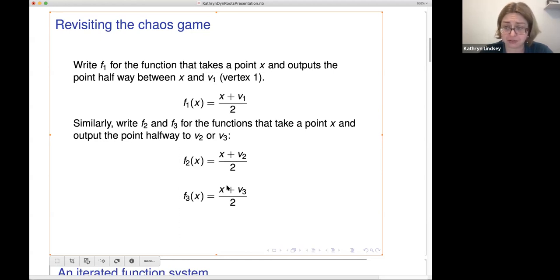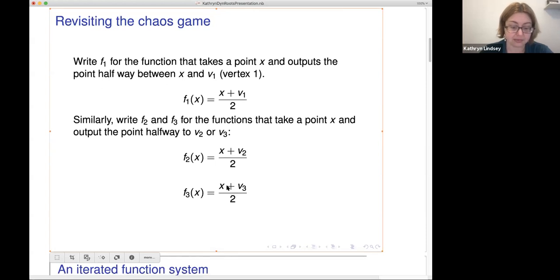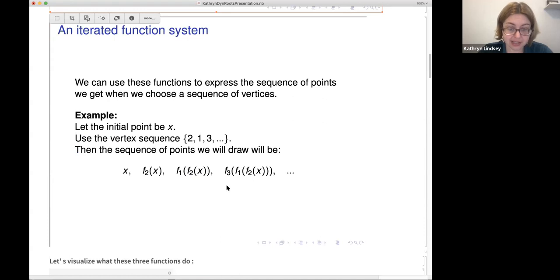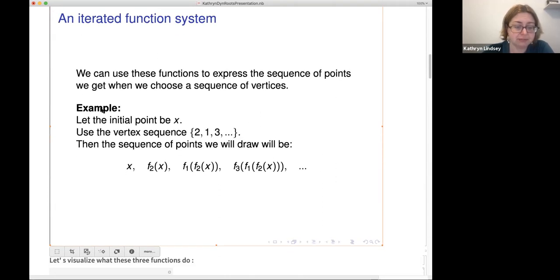Okay, so now we've rephrased our 3 actions as 3 different functions that take points in the complex plane and give you other points in the complex plane. We can now express sequences of points, as we were getting earlier, in terms of compositions of these functions. So here's the sort of illuminating example. Say your initial point is x.